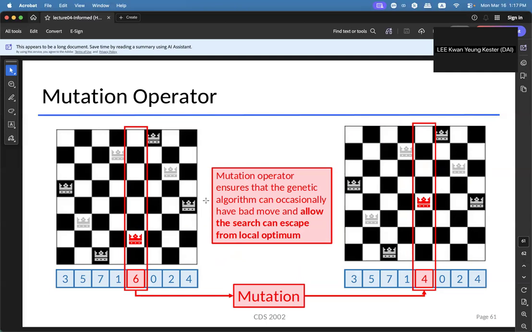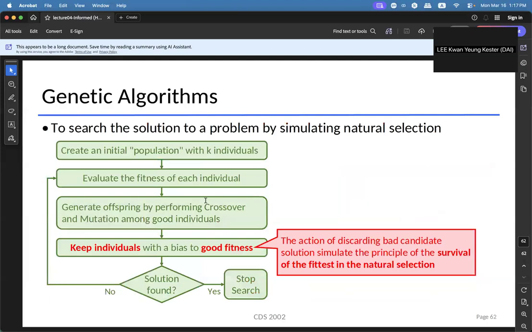The mutation allows us to force the algorithm to explore a bigger space, to try to explore other aspects of the search space, and hopefully we can hit the global maximum with a higher chance. One thing you must know is that the genetic algorithm is random by nature.